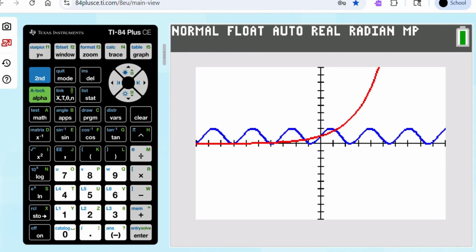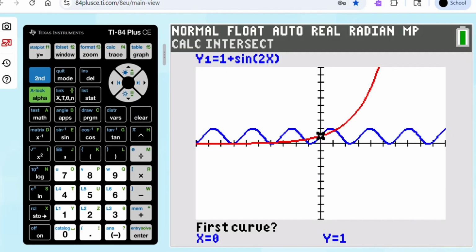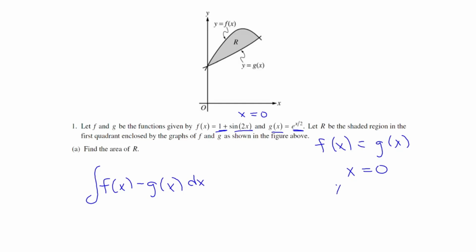And we'll look for our intersection point by hitting second trace and option 5 for intersect. And we'll scroll over pretty close to the first intersection point, hit enter, and go to the right and hit enter again, and one more time, and we end up with 1.13569525.